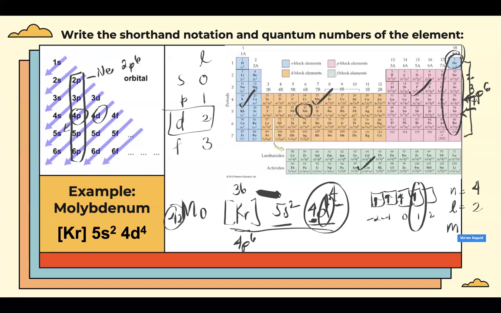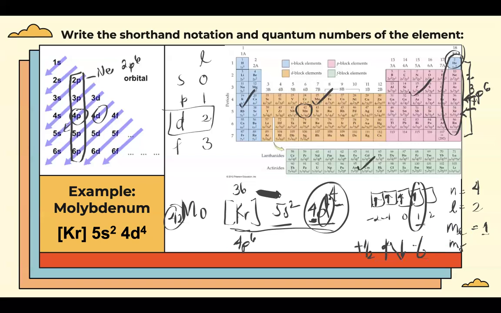And then for M sub L, it depends on the orbital diagram, the boxes. So where did you last write your arrow? Box number 1. So M sub L here is 1. And then M sub S is either an upward arrow or a downward arrow. If it's upward, it's positive 1/2. If it's downward, negative 1/2. It's the last arrow that you wrote.